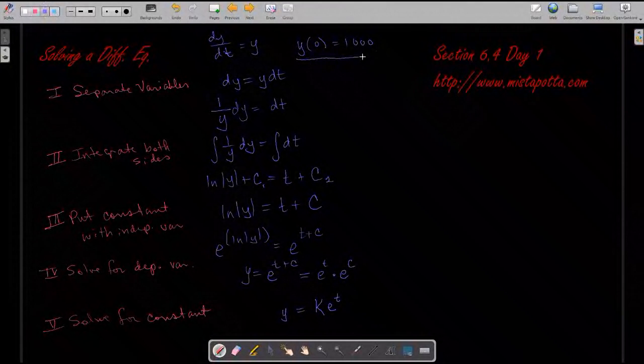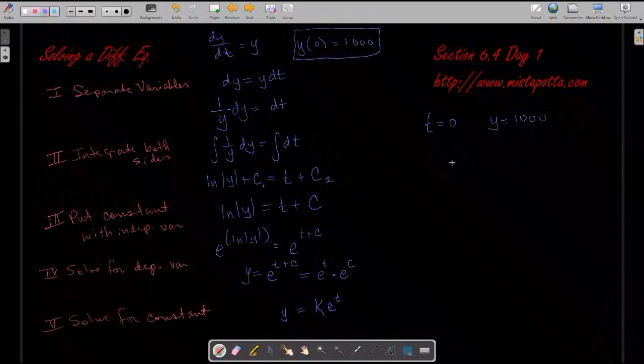This idea here that y of 0 equals 1,000, so when t equals 0, y equals 1,000, and my equation becomes 1,000 equals k times e to the 0 power.